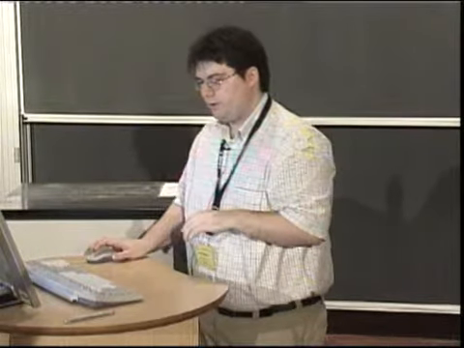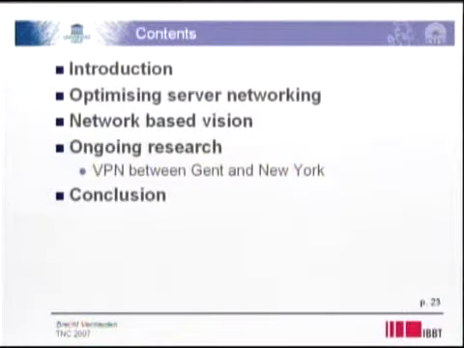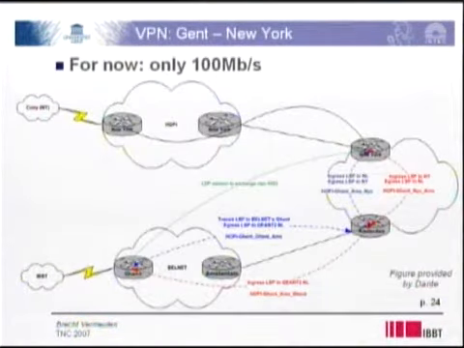So for those items, we're thinking of doing a bandwidth reservation kind of research. This is ongoing, but we have now established a VPN connection to New York University. So it's from Ghent in Belgium through the Belnet NREN network through GR to New York.